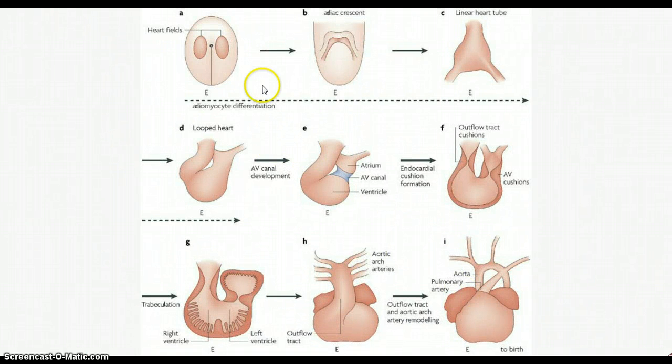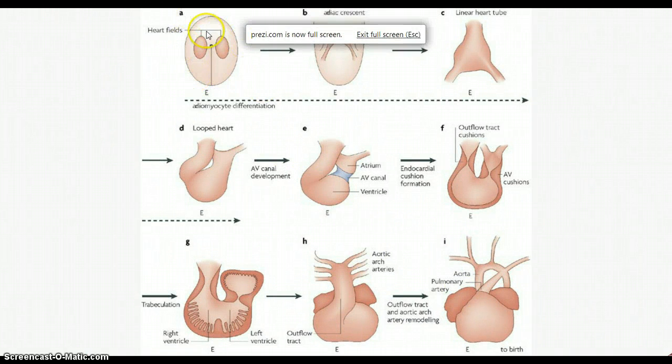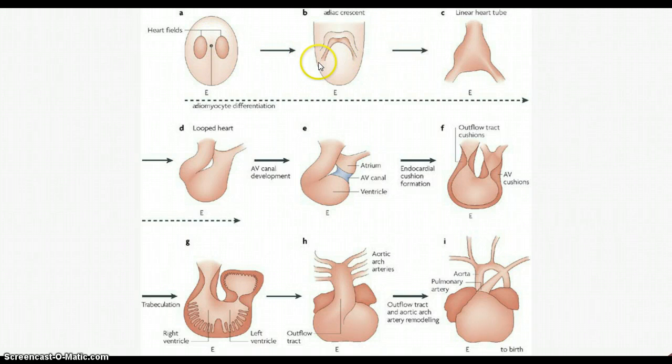So as you can see, your heart starts out as little heart fields in the embryo, and then it'll turn into this tube thing. It'll twist, and once it twists, you can see the familiar heart shape now. And what's going to happen is your atrium and your ventricle will form. Both of your atria will form, but there will be only one ventricle.